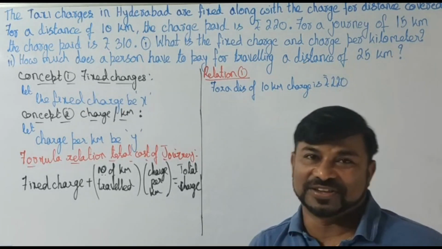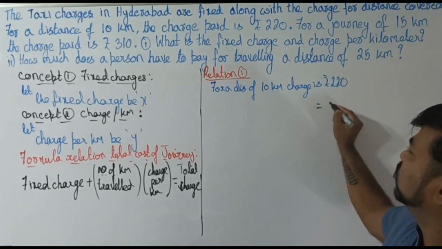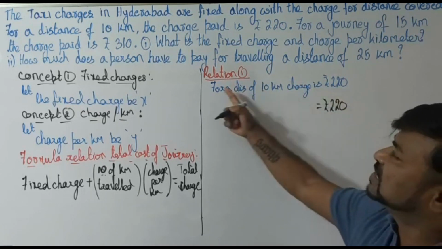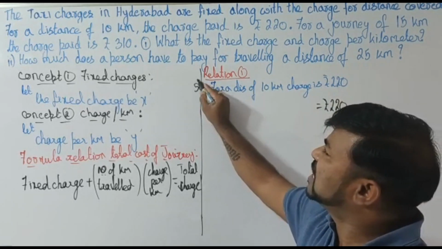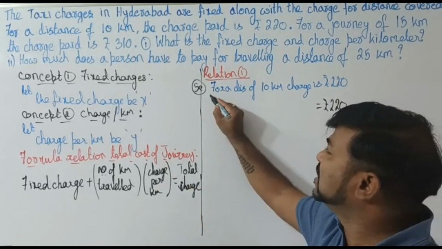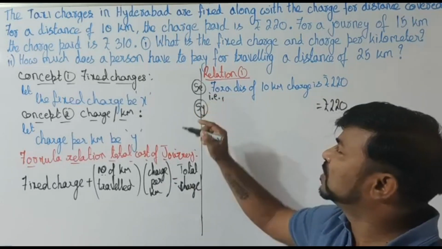This is the relation given. So the total is nothing but equal to rupees 220. This is symbolic form; the earlier was sentence form. We are converting that sentence form into symbols. You have to remember that one.